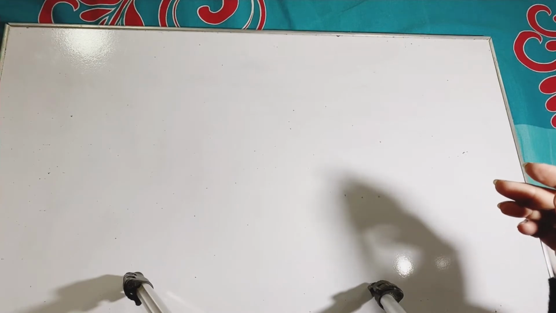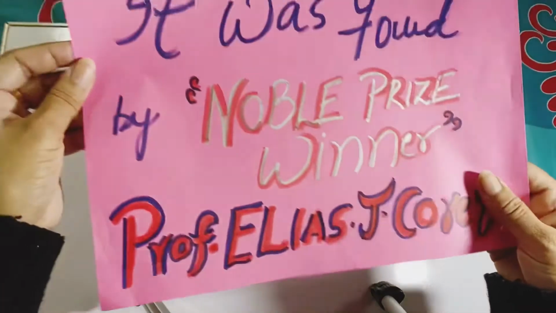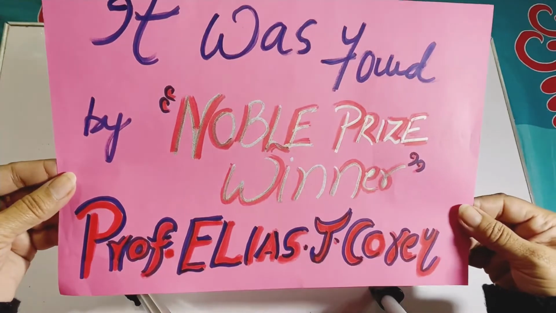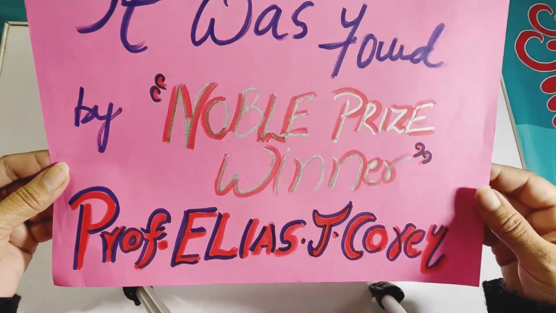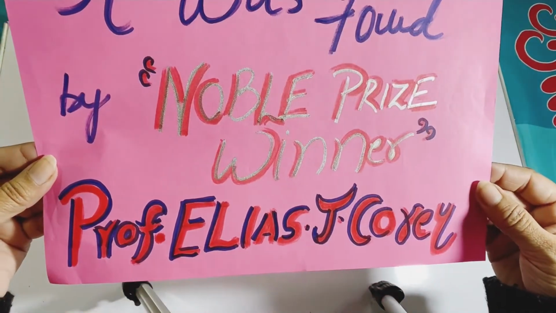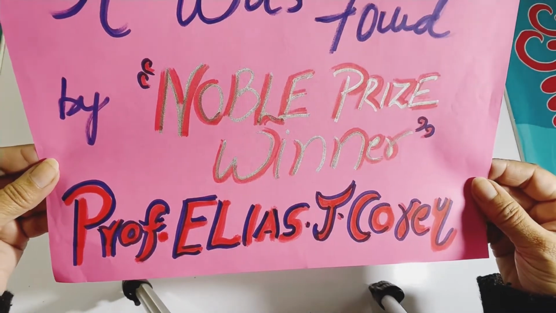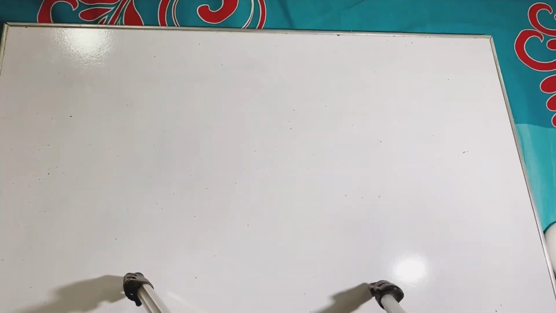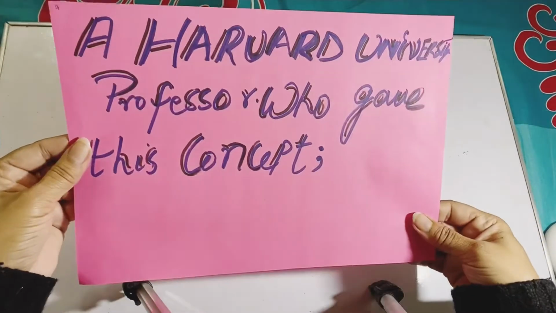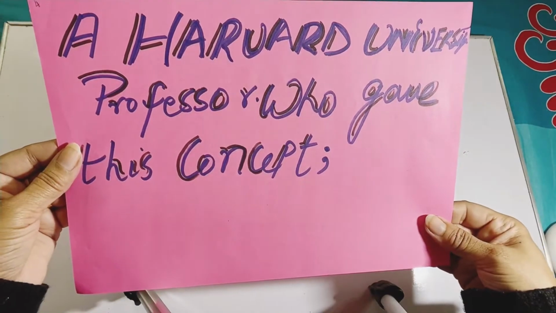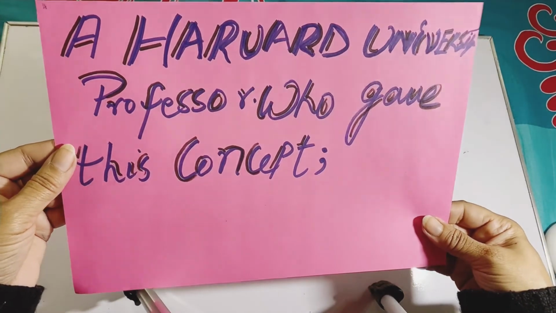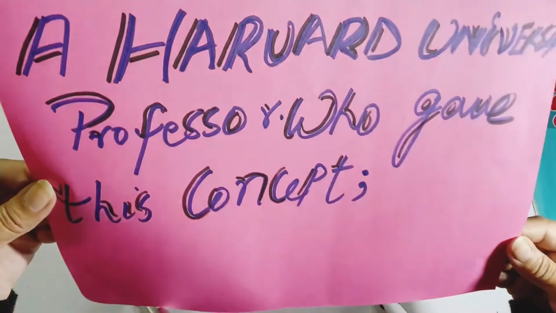Now, it was found by a Nobel Prize winner. Who was that Nobel Prize winner? Professor Elias J. Corey. Who was he? He was a Harvard University professor who gave this concept of what we call today retrosynthesis.